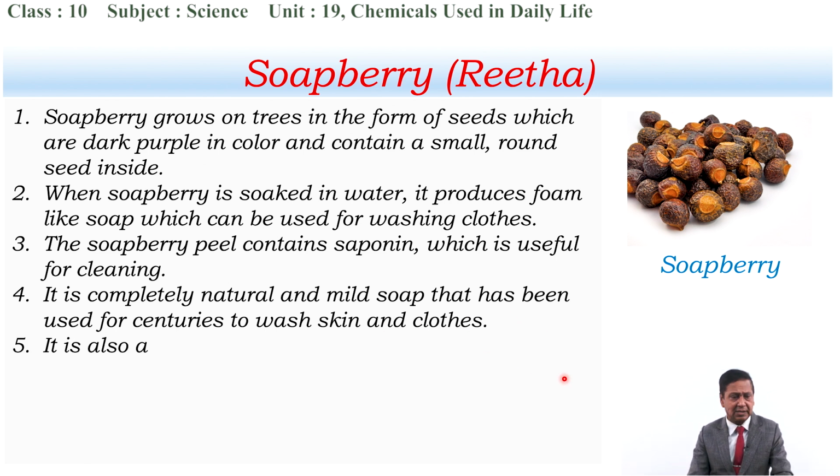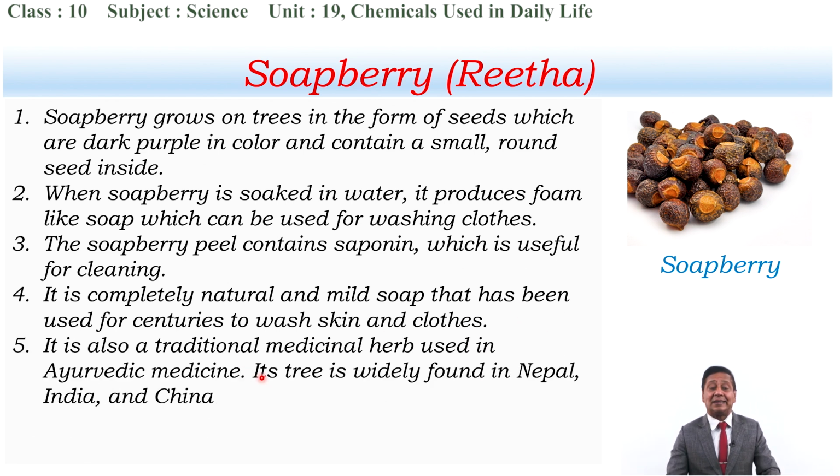Next, it is also a traditional medicinal herb. This is additional information: not only a cleaning agent, it is also used as a medicinal herb in making different medicines in Ayurveda.